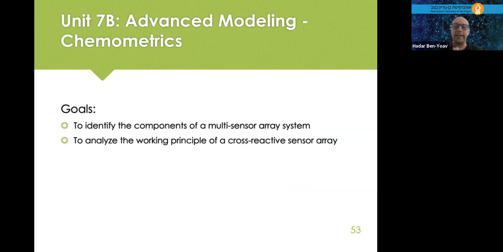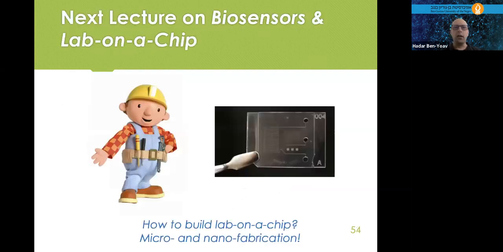So here we finish the second part of this lecture on how we can use chemometric or artificial intelligence-based models to interpret multi-sensor array systems. And here I'm finishing the lecture. It's a bit early, about 10 minutes, but I'm finishing because tomorrow is going to be our last lecture.